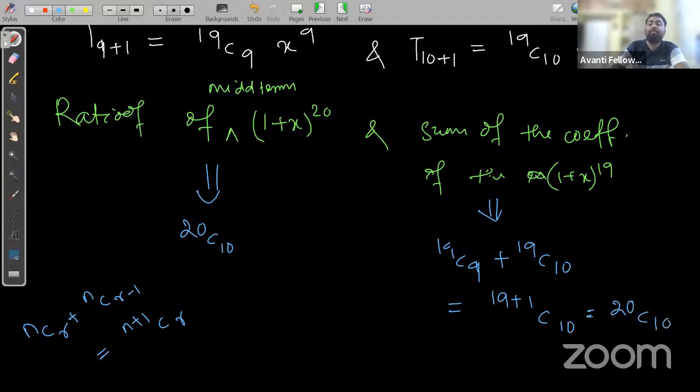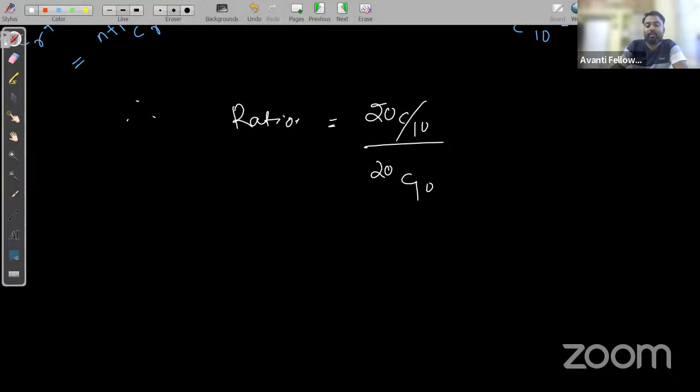Okay, so the sum of the coefficients of the middle terms of the expansion (1 plus x)^19 is 20C10, and the coefficient of the middle term of the first expansion, that is (1 plus x)^20, is also 20C10. So hence the ratio is 20C10 upon 20C10, that is 1.